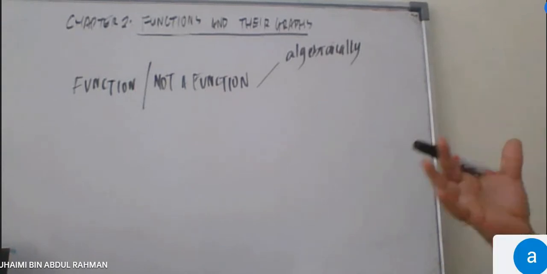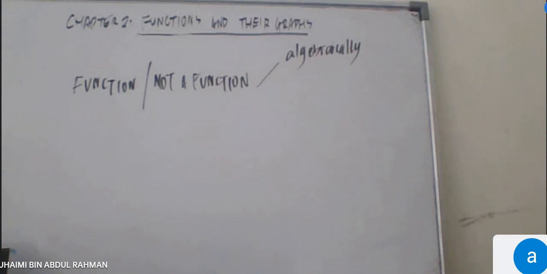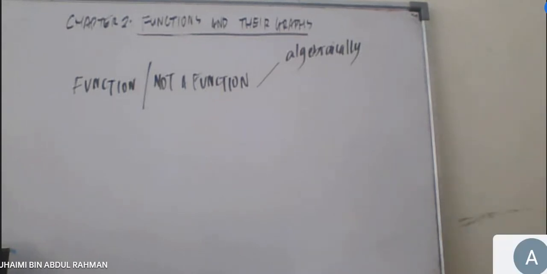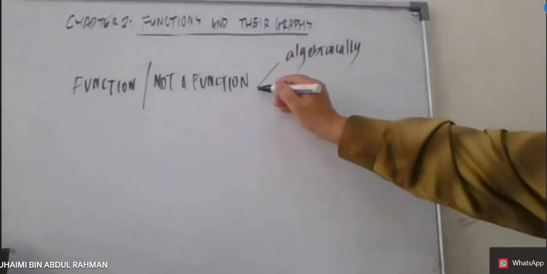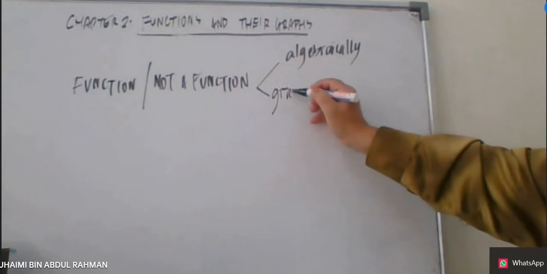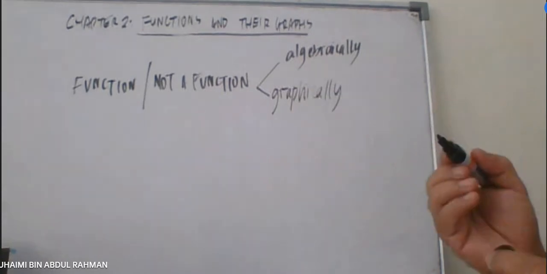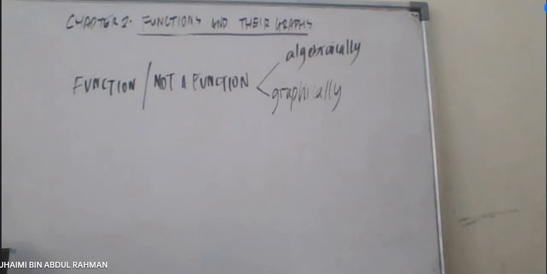But if given in terms of a graph, we would like to know whether that graph represents the graph of a function or not. So another way of testing is testing graphically. But when testing graphically, we need to get the graph.